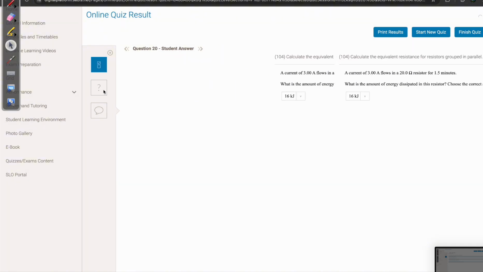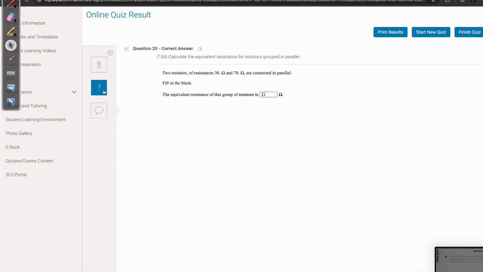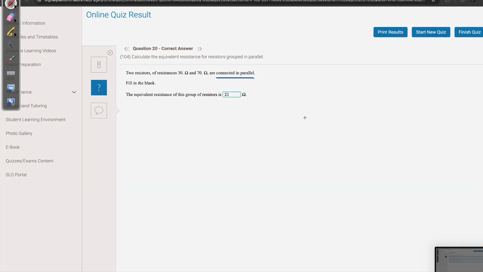Number 20. Two resistors of resistances 30 and 70 ohms are connected in parallel. The equivalent resistance of this group of resistors: in parallel, resistance is added in a weird way.